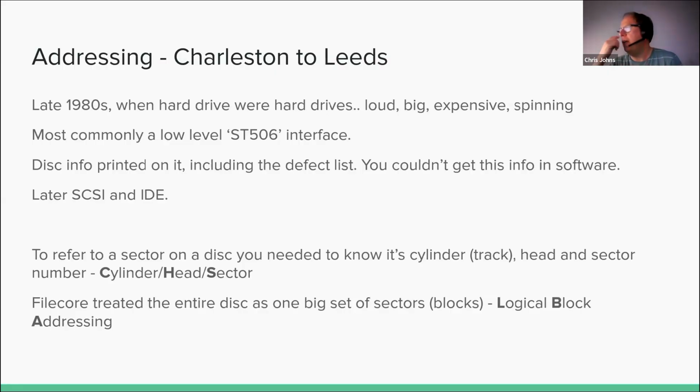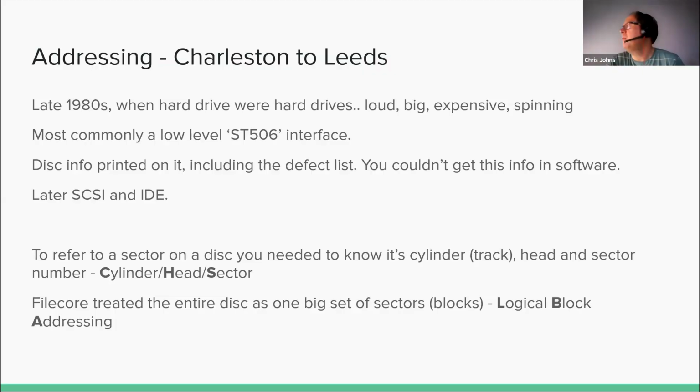But as with anything that's built of a disc-shaped thing, you've got cylinders, heads and sectors, which is the CHS model. But actually, mostly within Filecore, it treats everything as just a big list of blocks, which is logical block addressing.